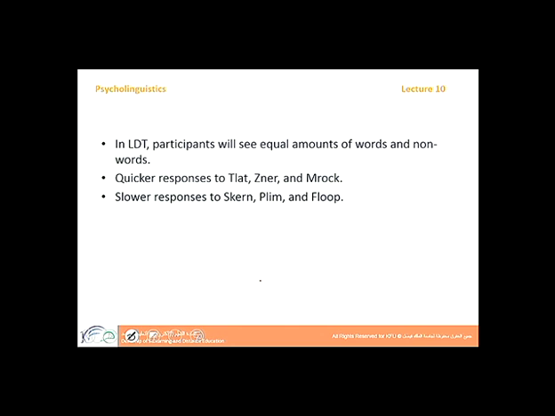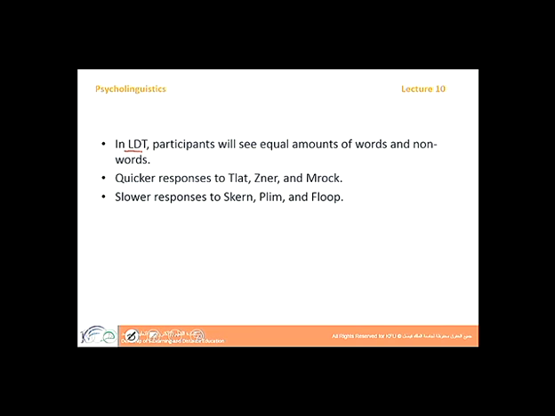Right. So in lexical decision tasks, participants will see equal amounts of words and non-words. So 8 words and 8 non-words, just strings of letters.